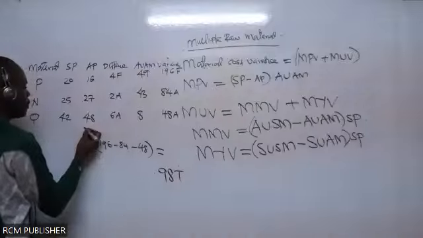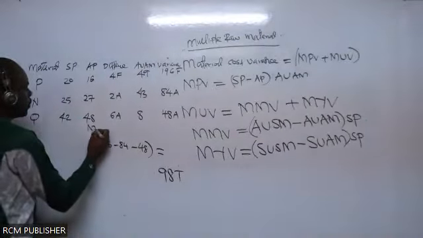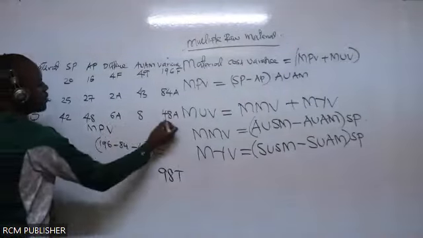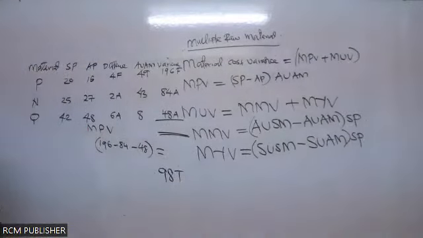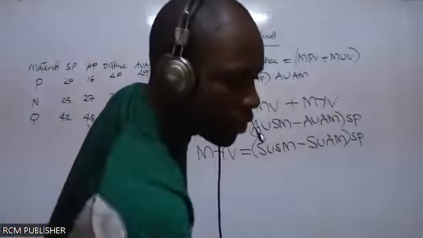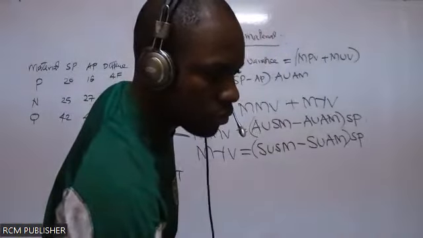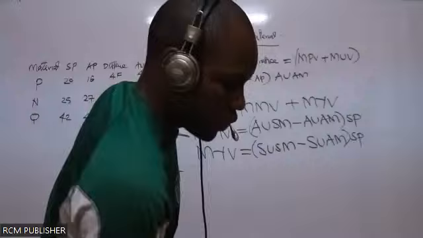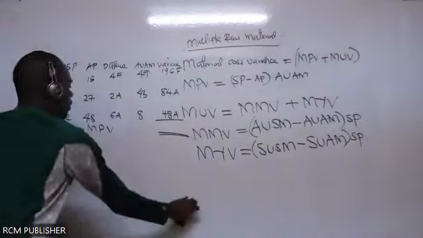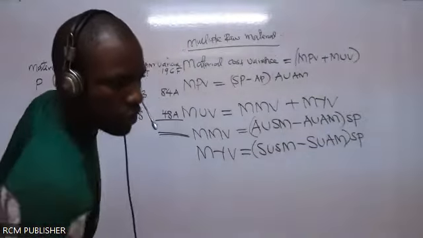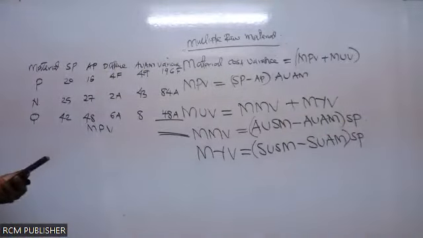So once you do that, material price variance is equivalent to the summation of these ones here. What will we have? Somebody, what will the whole difference be?